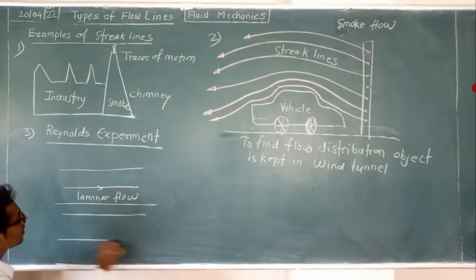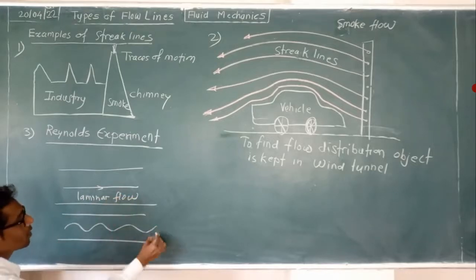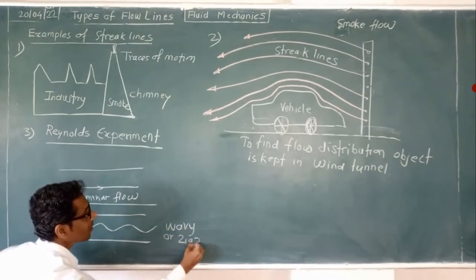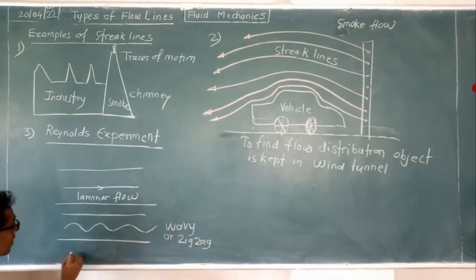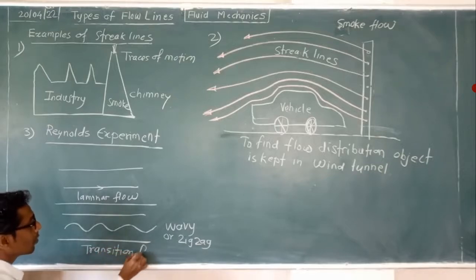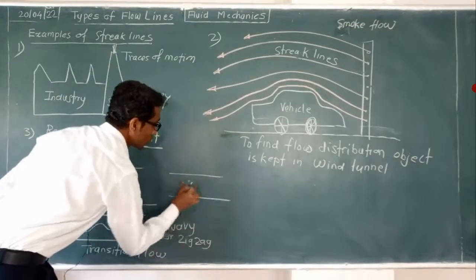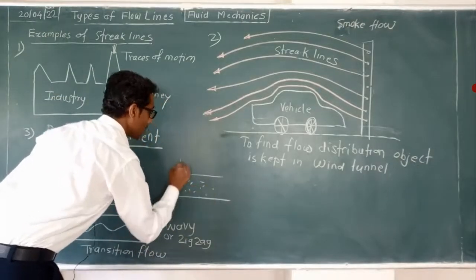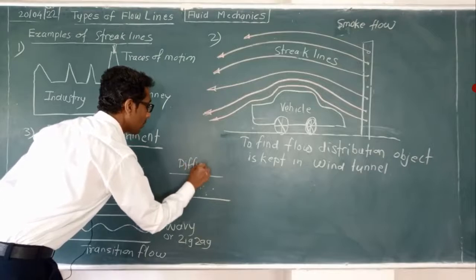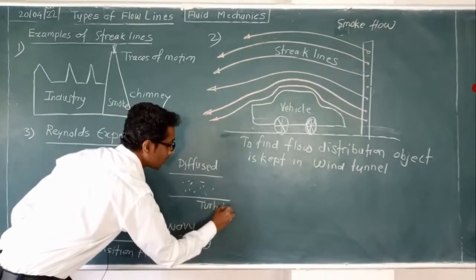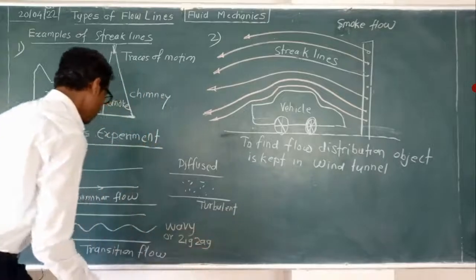When the filament is wavy or zigzag, we call this transition. And when we get diffuse flow like this, then we call this turbulent flow.